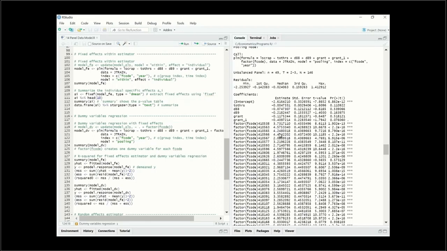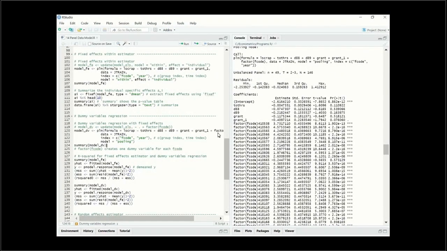So the reason why we have different estimates here for these fixed effects, for these coefficients on the dummy variables, is because we have different normalization. In this case, the coefficient on the first firm was normalized to 0, and everything else is interpreted with respect to that first firm.